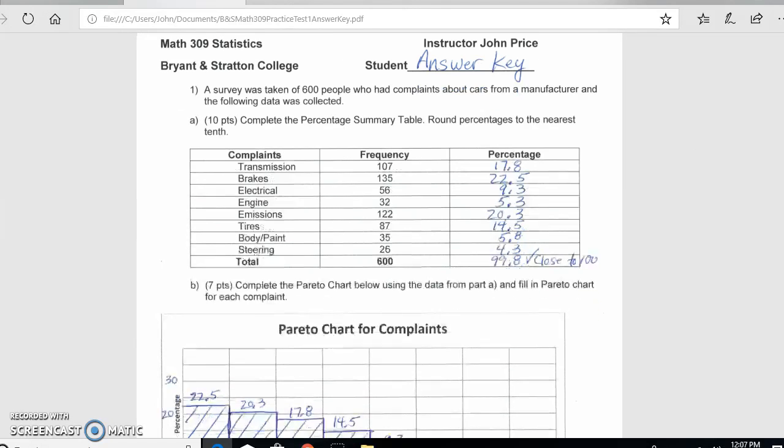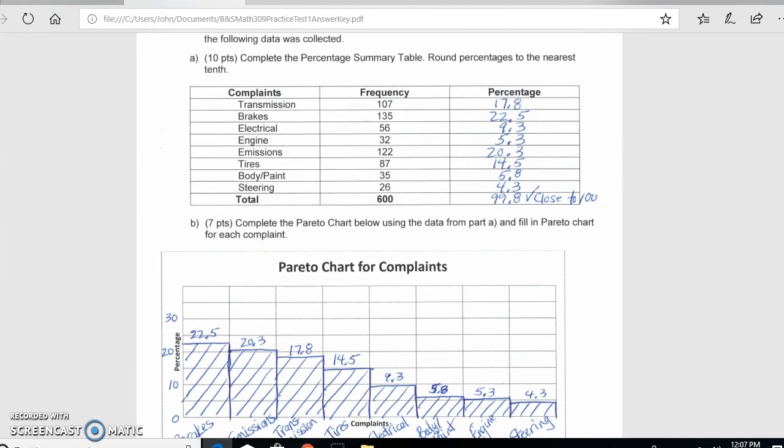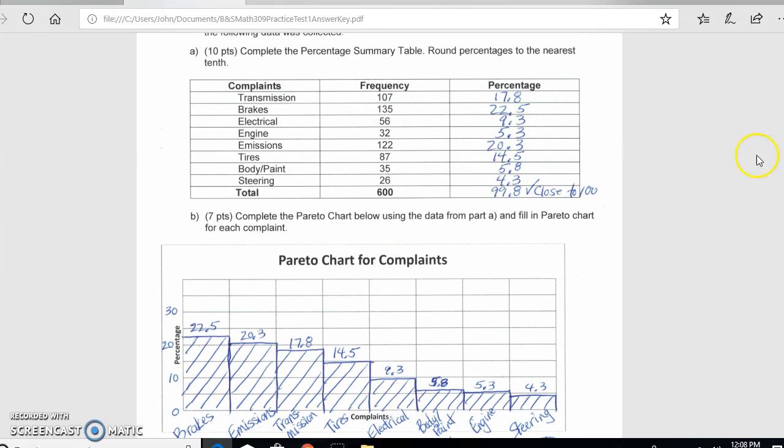And then on letter B, we are asked to construct a Pareto chart using the data from part A, and fill in the Pareto chart for each complaint. So first we want to set up the vertical axis for the percent on the left-hand column here.